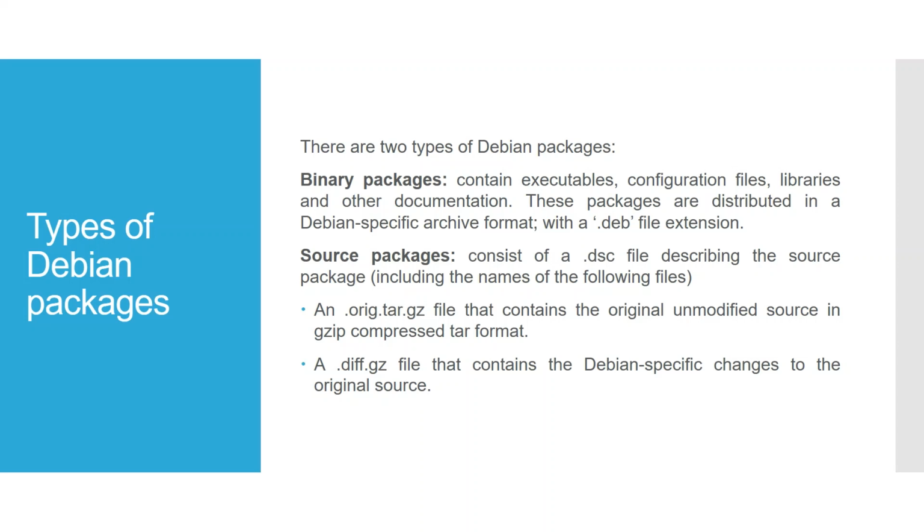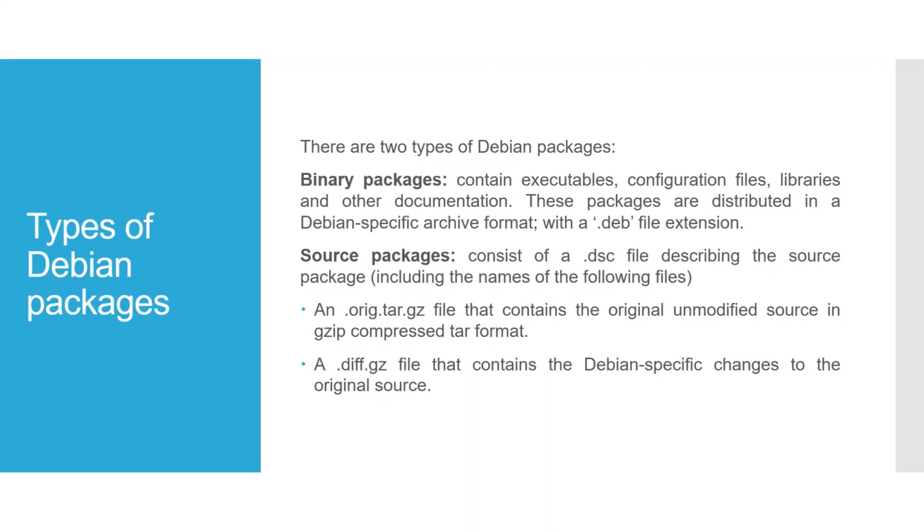These packages are distributed with the .deb file extension. Because it is already one archive file, it is similar to what we have in Windows, the .exe file. We just execute the .exe, and everything will be installed for you.